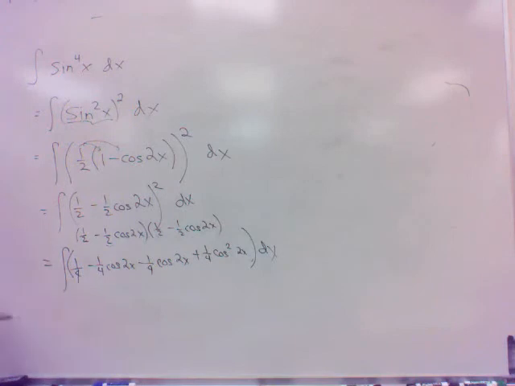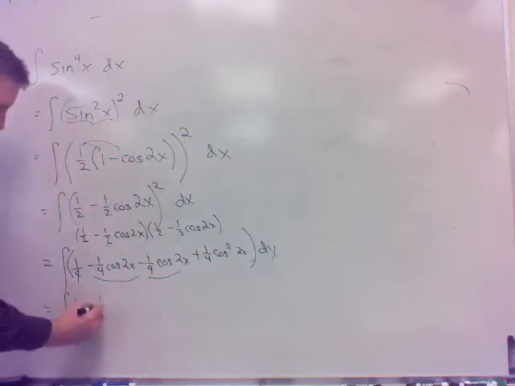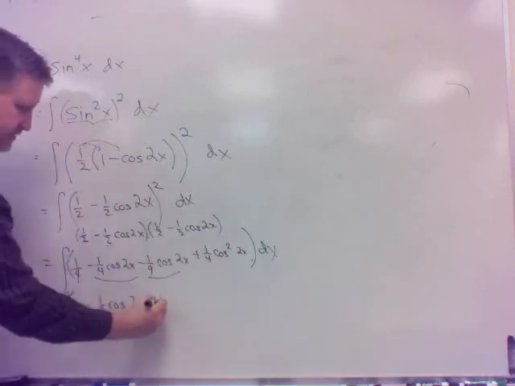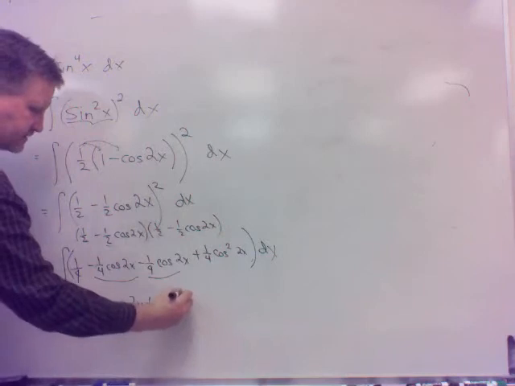And the good news is these two are alike, so I can combine them. Minus 1/4 minus 1/4. It's minus 1/2, isn't it? So I have 1/4 minus 1/2 cosine 2x plus 1/4 cosine squared 2x.